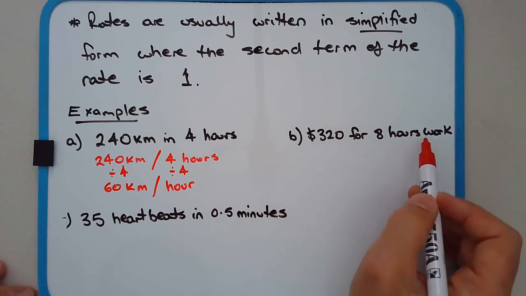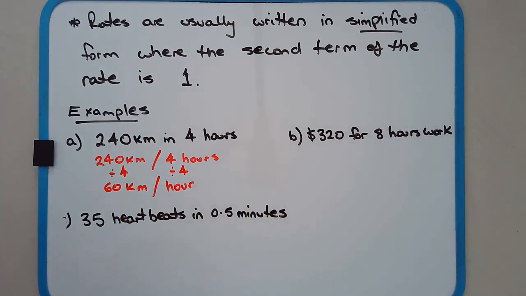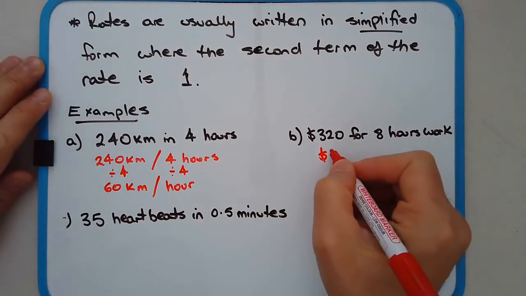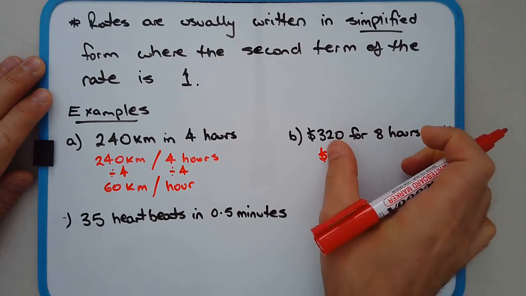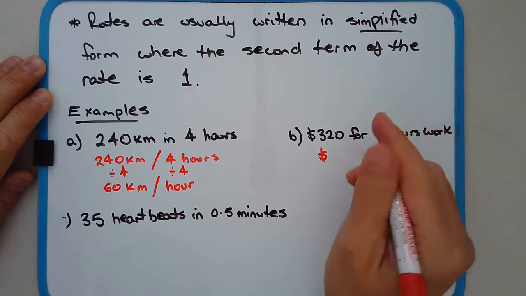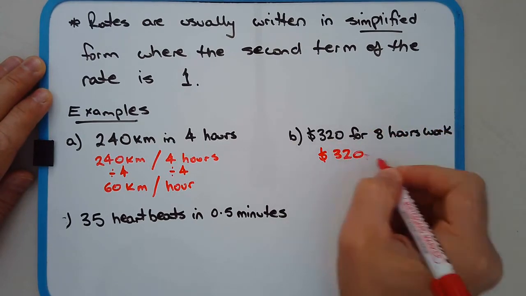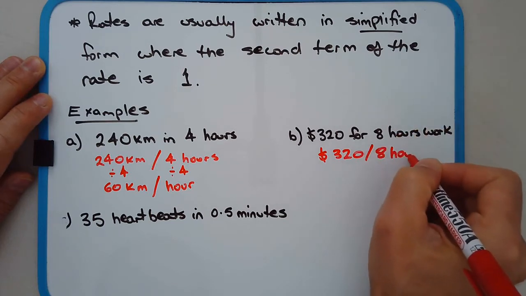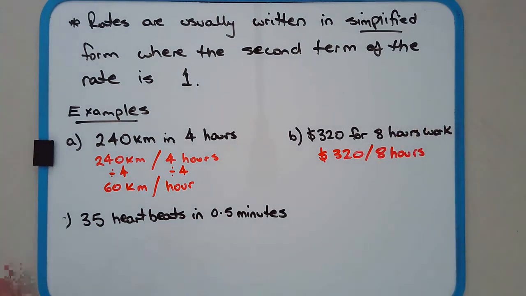$320 for 8 hours work. That looks like a wage of sorts. Let's write it first as an unsimplified rate: 320 per 8 hours. That wouldn't be the hourly rate; that would probably be the rate per day of work, for example a normal 8-hour day.